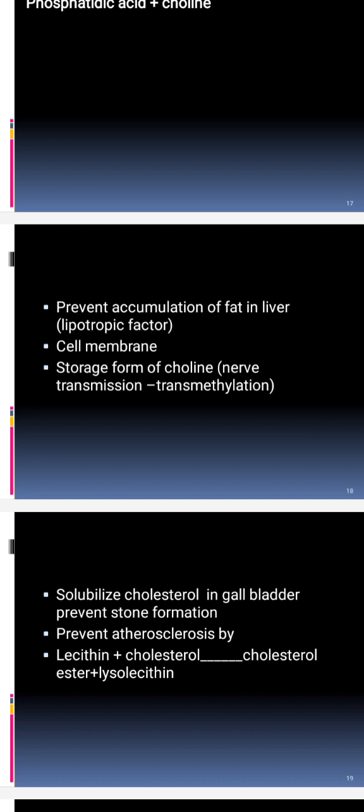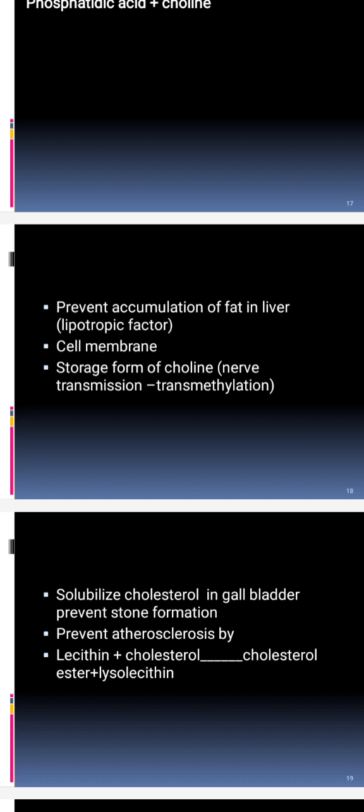This function in general, when a biomolecule has this function, we call this biomolecule as having lipotropic action, or we can call it a lipotropic factor, because it will liberate or prevent the accumulation of fats. Also, it's one of the constituents of the cell membrane.